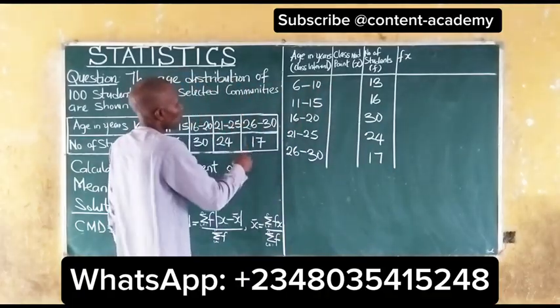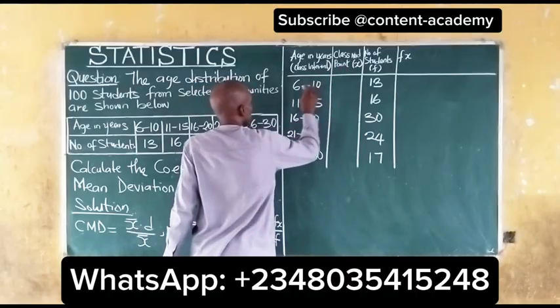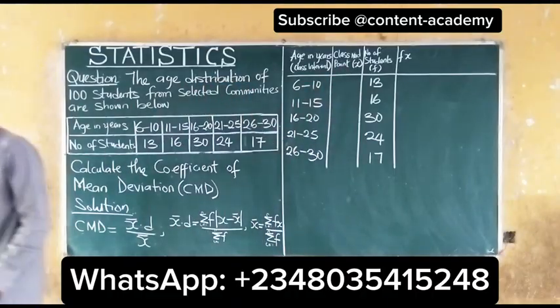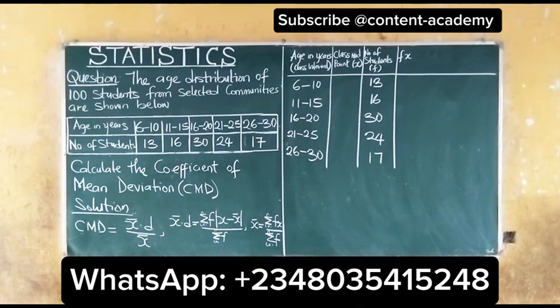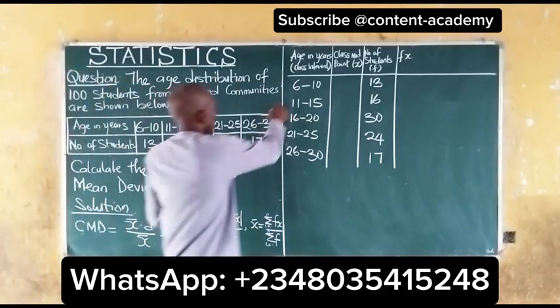Now, how do we calculate our midpoint? That means our class interval. For example, we have 6 and 10.